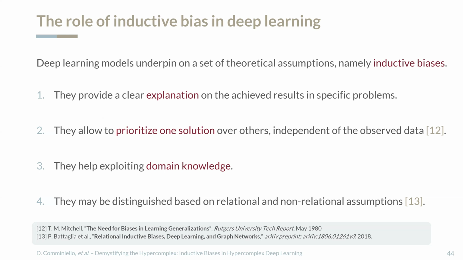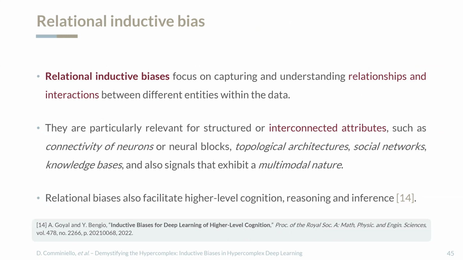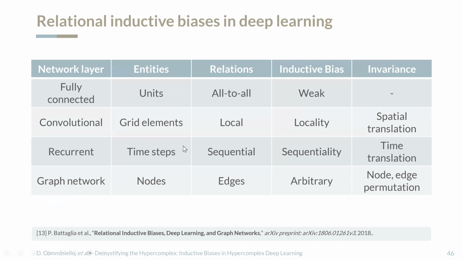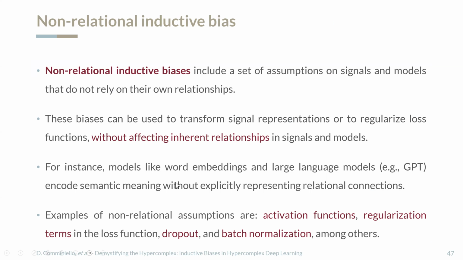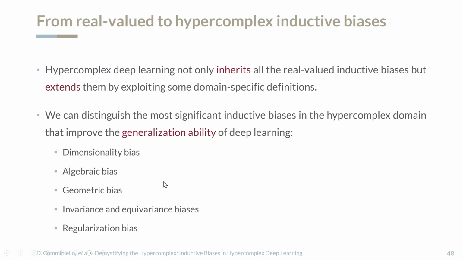It is just a set of theoretical assumptions that can be used to develop neural networks in a certain way. We can have relational and non-relational inductive biases. We can have inductive biases in different neural networks like convolutional networks, recurrent networks, and graph neural networks. Also, there are non-relational inductive biases that are related to some kind of regularization approaches.